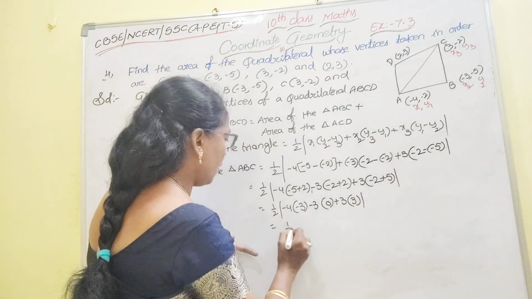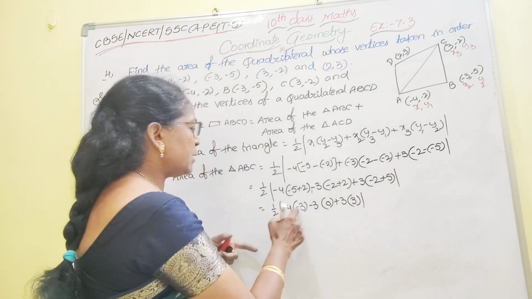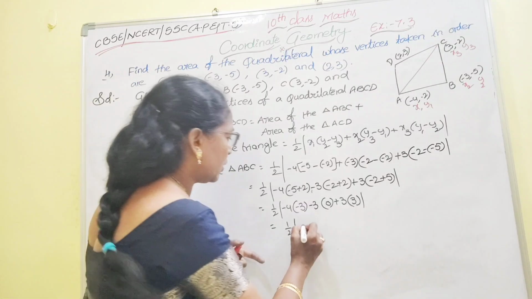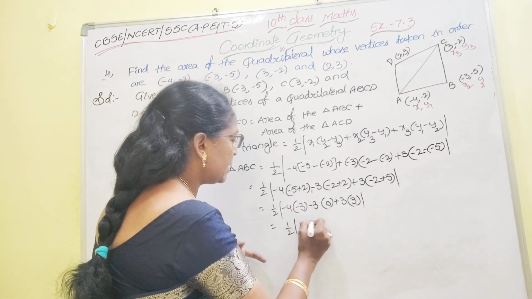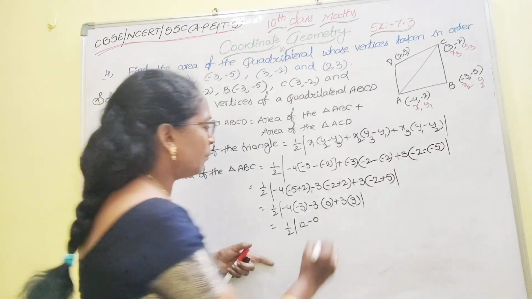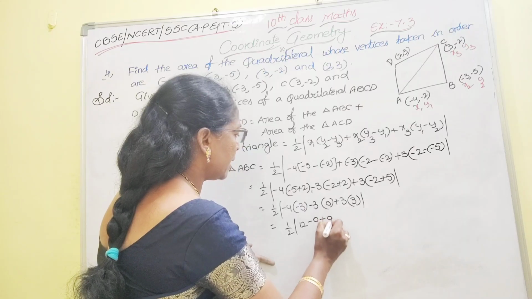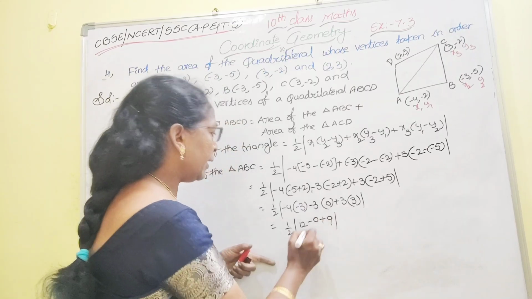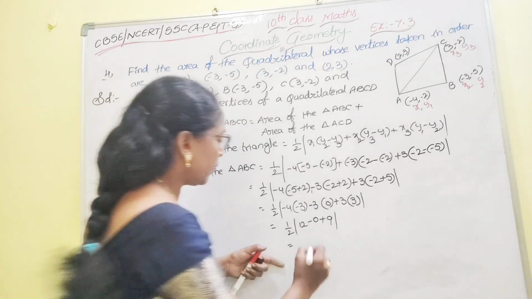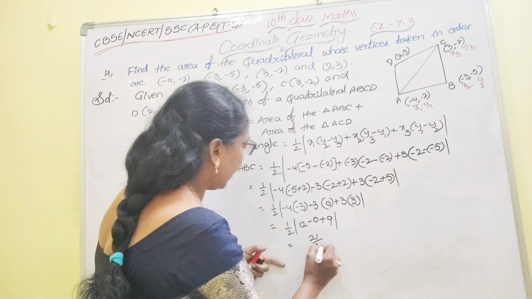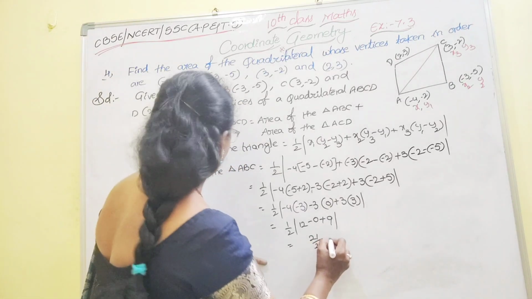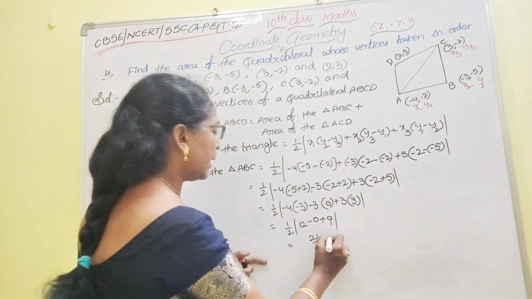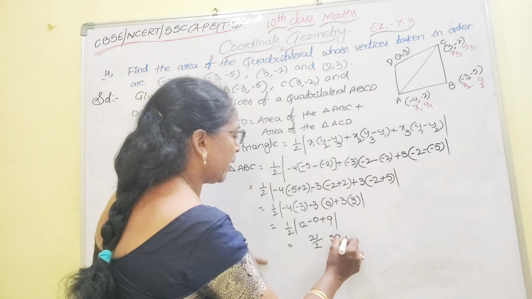That equals half into 12 minus 0 plus 9, which is 12 plus 9 equals 21 by 2. That is, the area of the triangle is 21 by 2 square units.